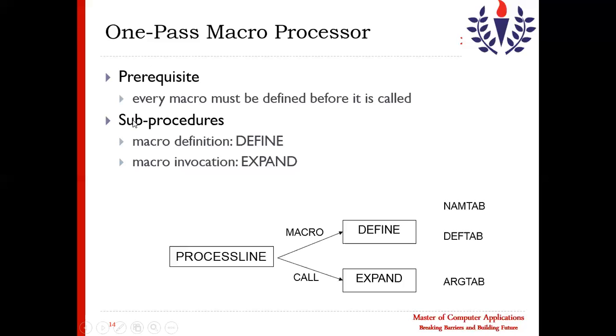Second are the two procedures. We will define our code in two procedures. One is the definition, second is the expansion, the expand. So when the processing starts, when process line occurs, it will be divided into two parts.